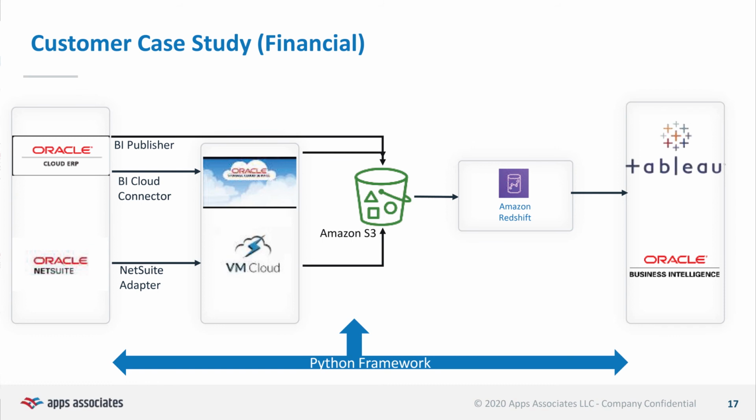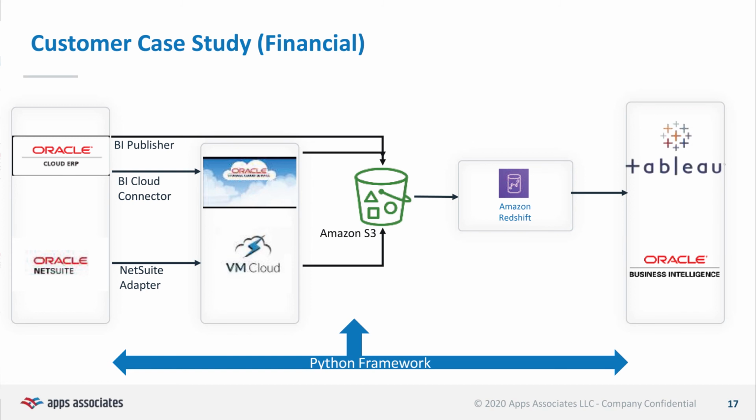And in other cases where you don't have the necessary attributes available, and you have to build your own data model and your own queries, you use BI Publisher, which is much more flexible to identify the data sources and attributes that you want to extract from Cloud ERP and move it to S3.